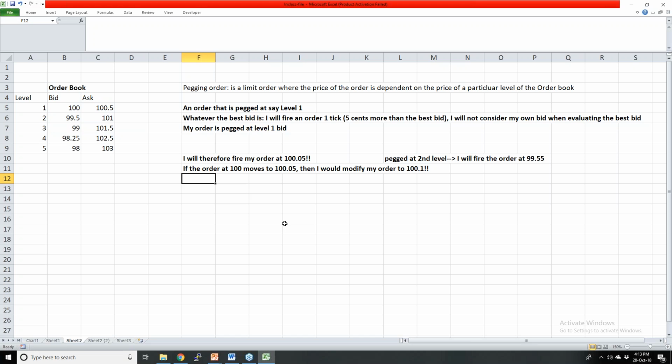But usually, to avoid such games, if people can figure out that you've placed a pegged order, they'll quickly move their best bids till you move to around 100.3, 100.35 and whatnot. So obviously you have to have an algorithm to check that, this is the highest level at which I will move. I will not go beyond this and whatnot. Is this clear?